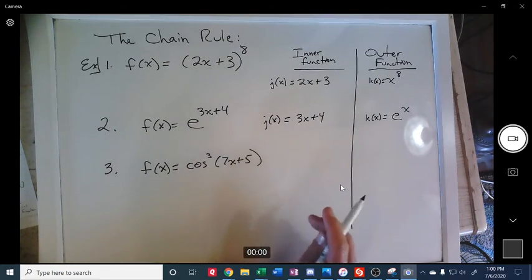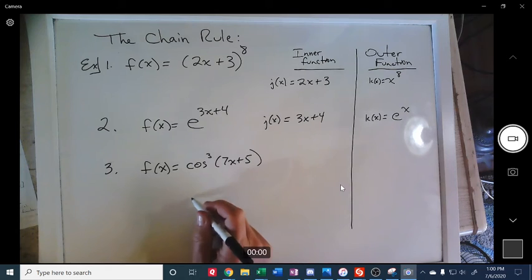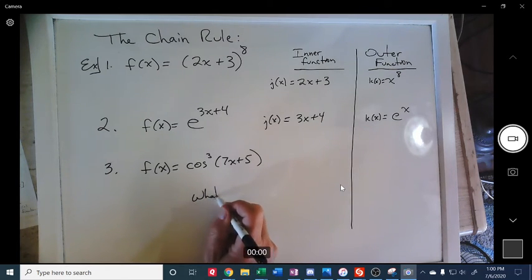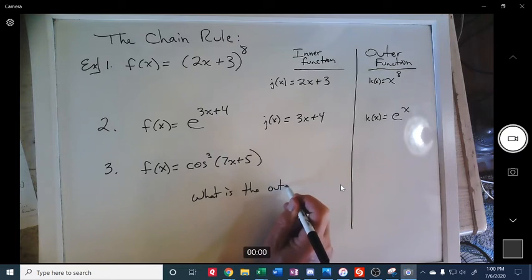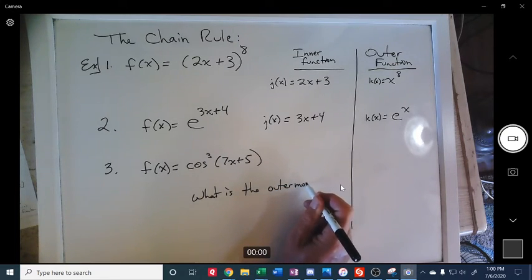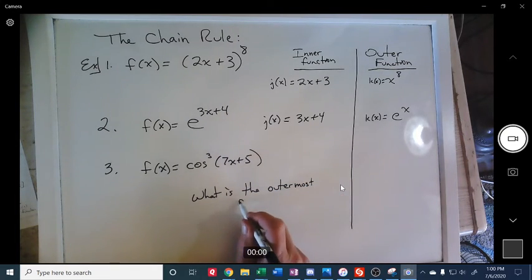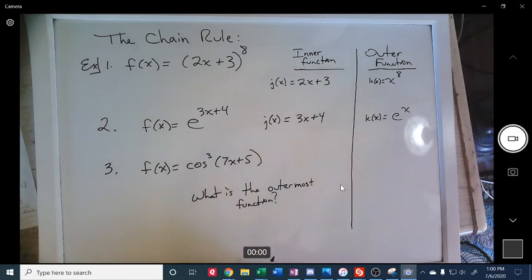And the question now is not what's the inner function, it's what is the outermost function. All right, consult in your groups. What is the outermost function for this one?